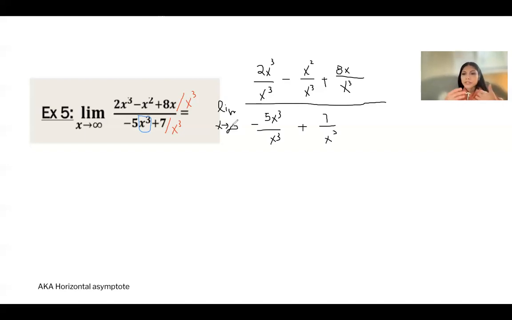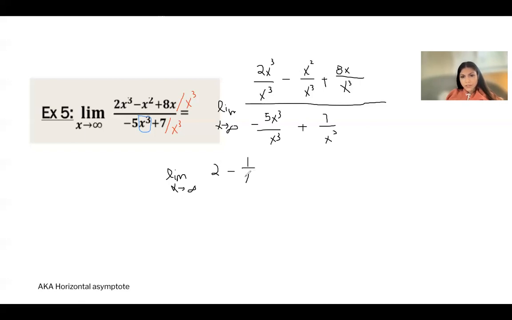Okay, now we're going to do the same thing we did before. I'm going to make sure I simplify each and every little fraction I see here and then apply the principle of dominance. So this is equivalent to the limit as x approaches infinity of, now this first term will simplify to just 2, minus this second one will simplify to 1 over x.